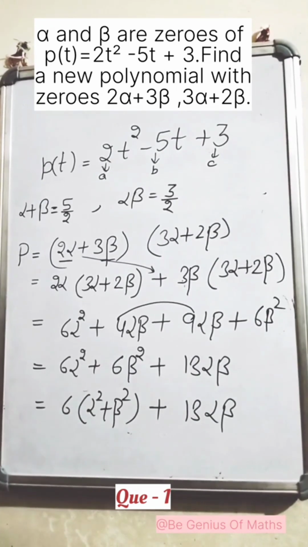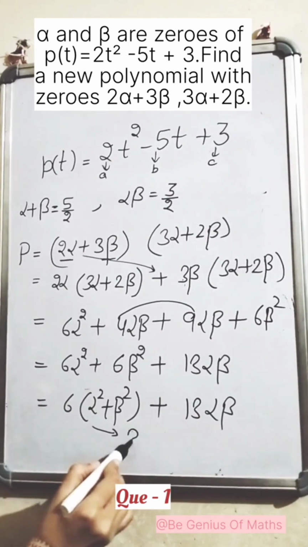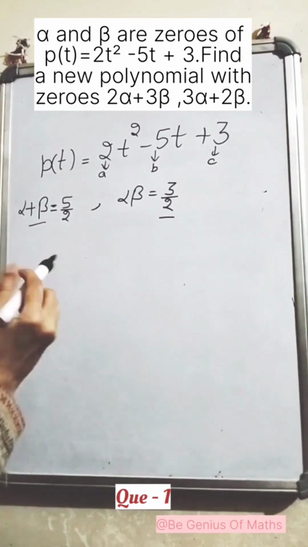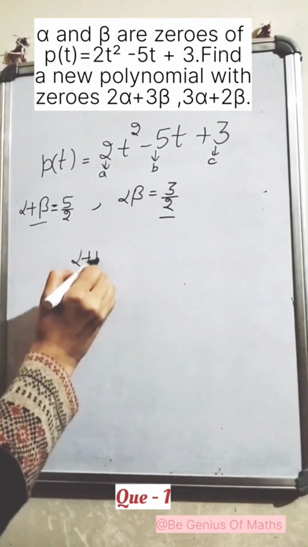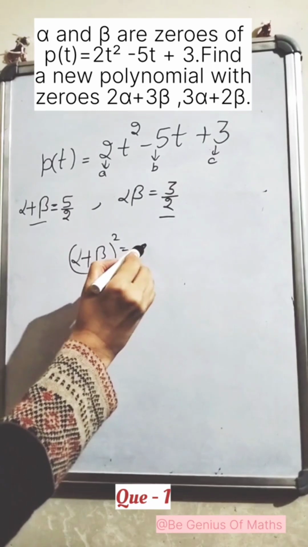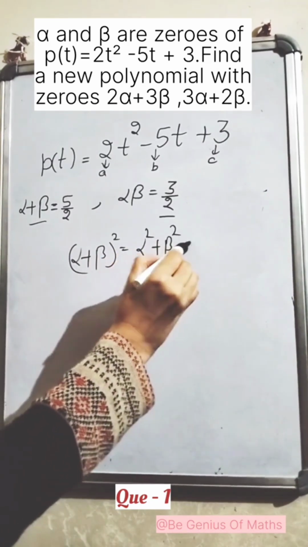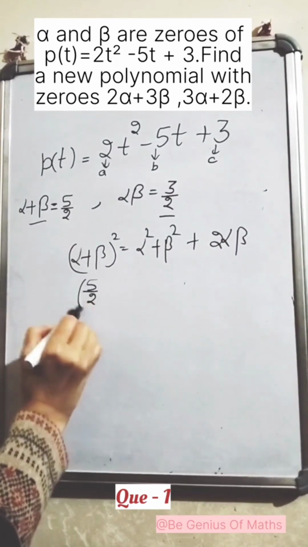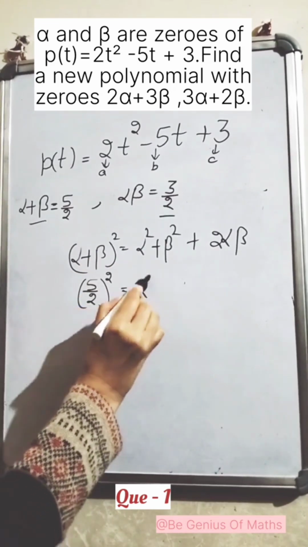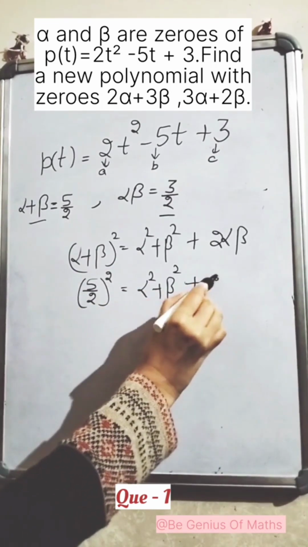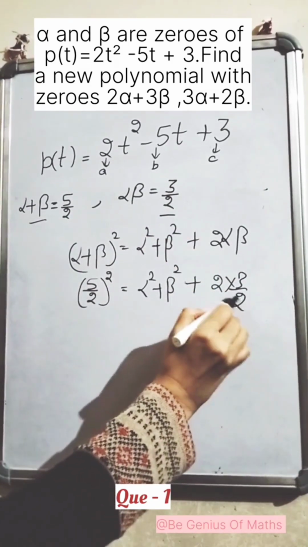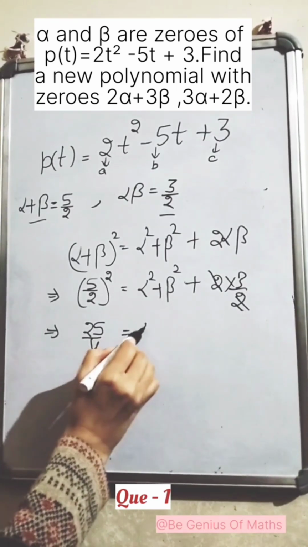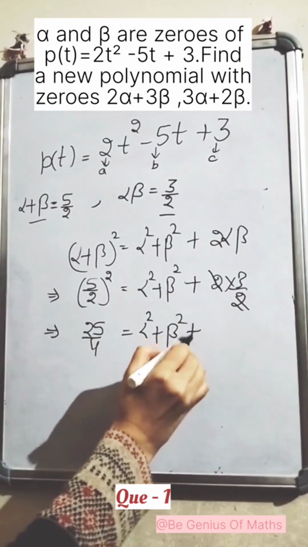So what do we need to do first? We need to find its value. For alpha square plus beta square, we know that by using the square formula, alpha plus beta whole square is equal to alpha square plus beta square plus 2 alpha beta. Put the values of alpha plus beta and alpha into beta. Alpha plus beta is 5 by 2 square. Alpha into beta is 3 by 2. 2 and 2 cancel. It becomes 25 by 4 is equal to alpha square plus beta square plus 3.